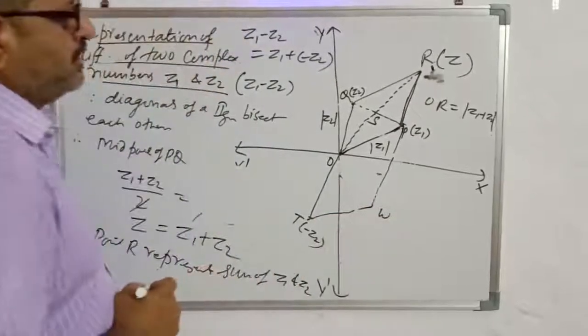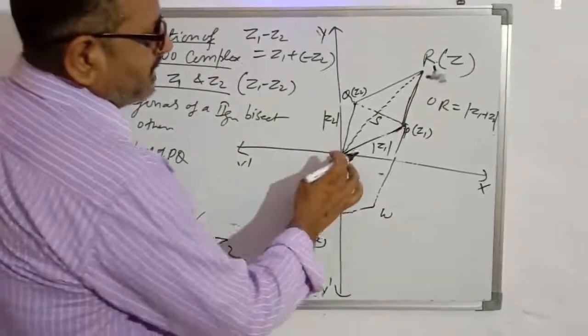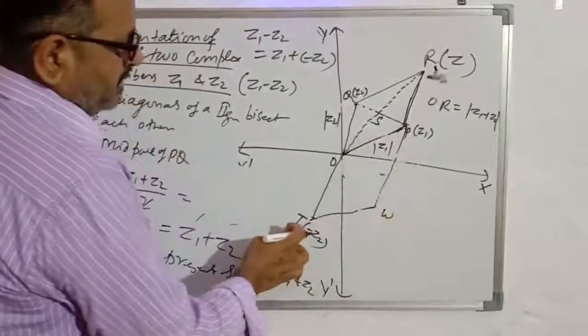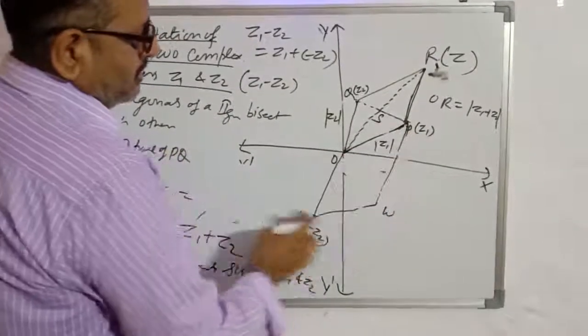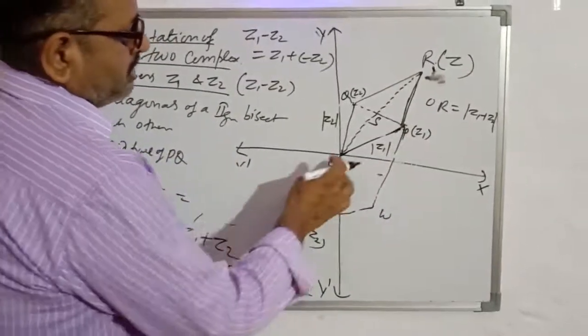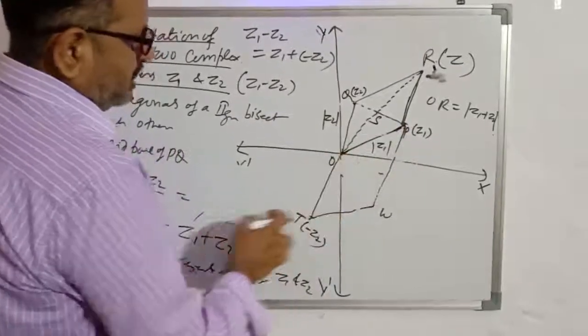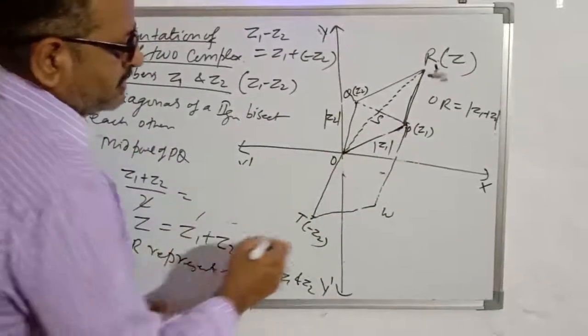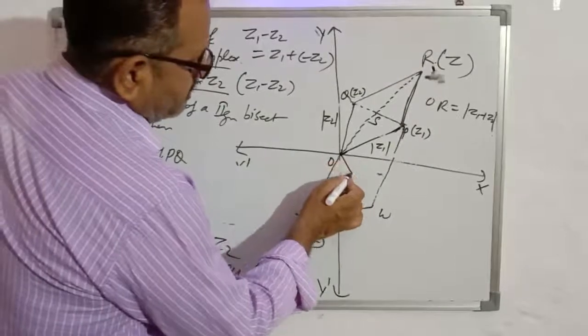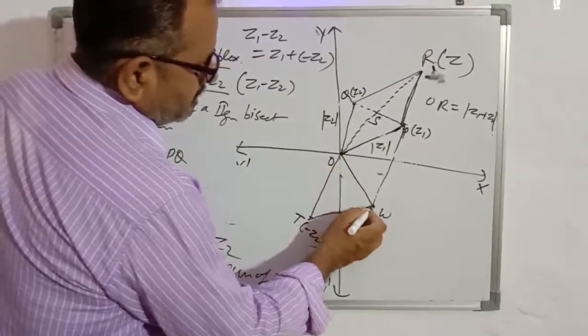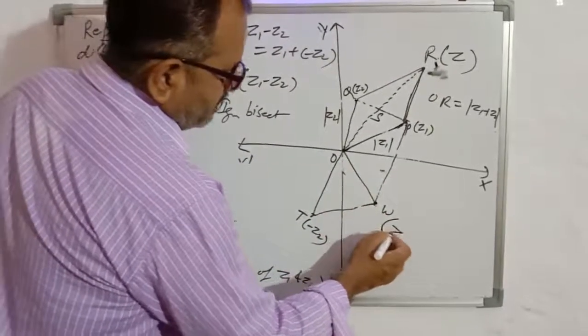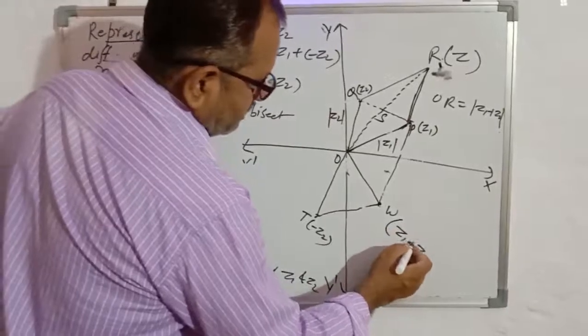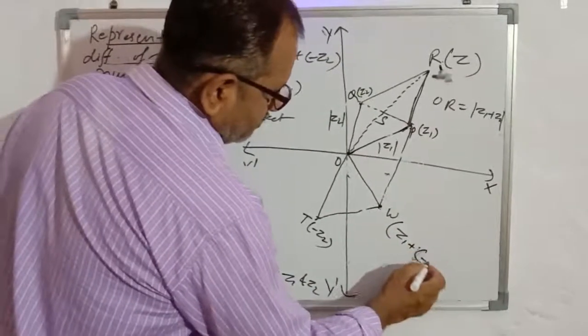Suppose it is W. So again we will complete the parallelogram OPWT, taking OP and OT as adjacent sides. So join this. W will represent Z1 plus (minus Z2).